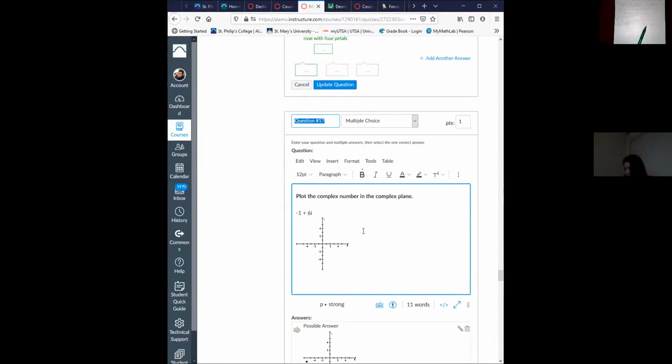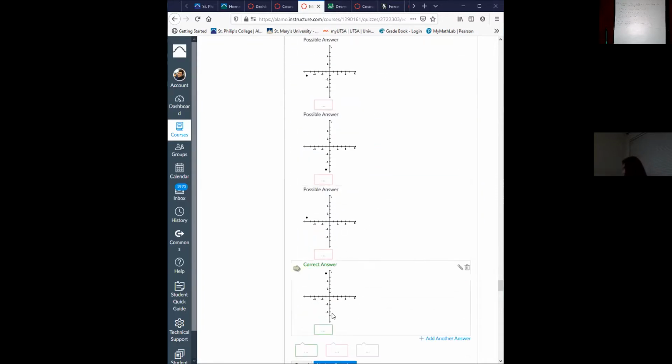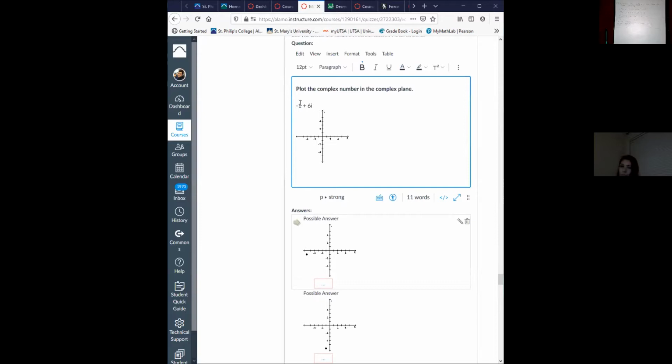Okay. For the polar, we did a few of those in the notes, but we can go through it one more time. So remember the negative. Let me show you the answer. This y-axis is the imaginary part, and this part is the x-axis.